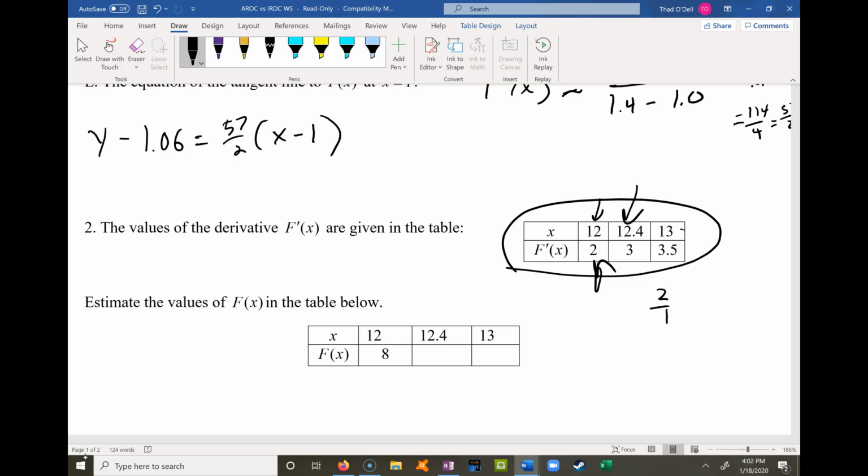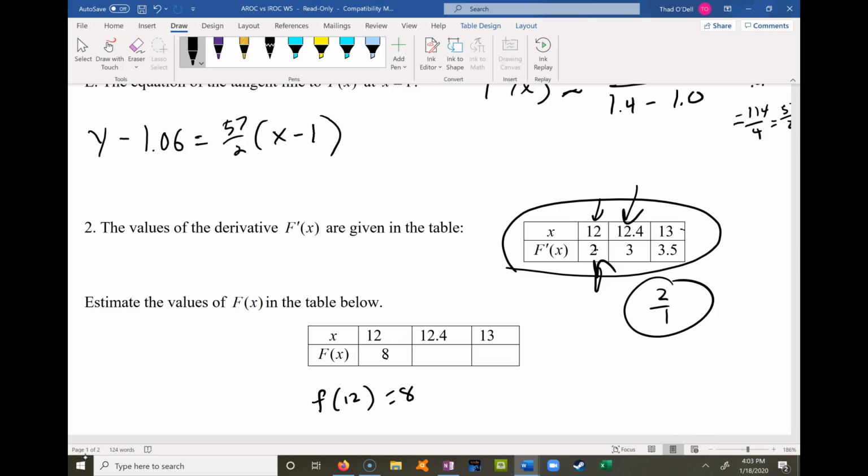So since I know that I was sitting at 8 when x is equal to 12, in other words, when I plug 12 into the function, I get out 8. So if I go to the right, if I go over 1, I'm going to go up 2. That's what that's telling me.